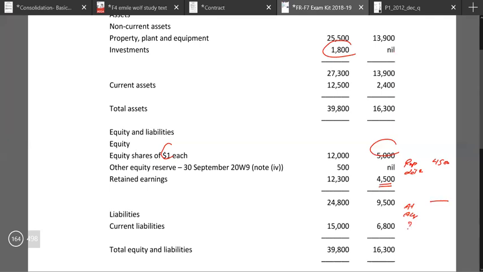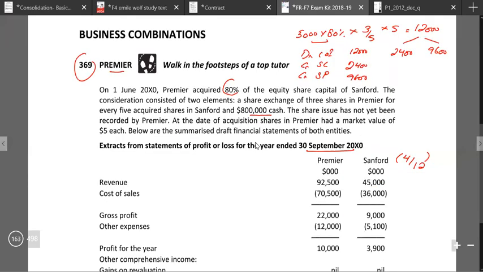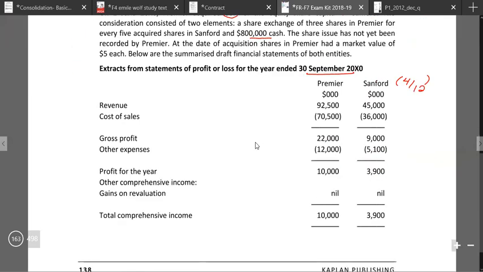Okay, so I already told you how to work it out. You have the retained earnings at reporting date. Now you have this full year profit, which is 3,900. Profit for the year, 3,900. This is at 30 September and we need 4 months back. So what we'll be doing, 3,900 into 4 divided by 12, as we need the profit for the 4 months.